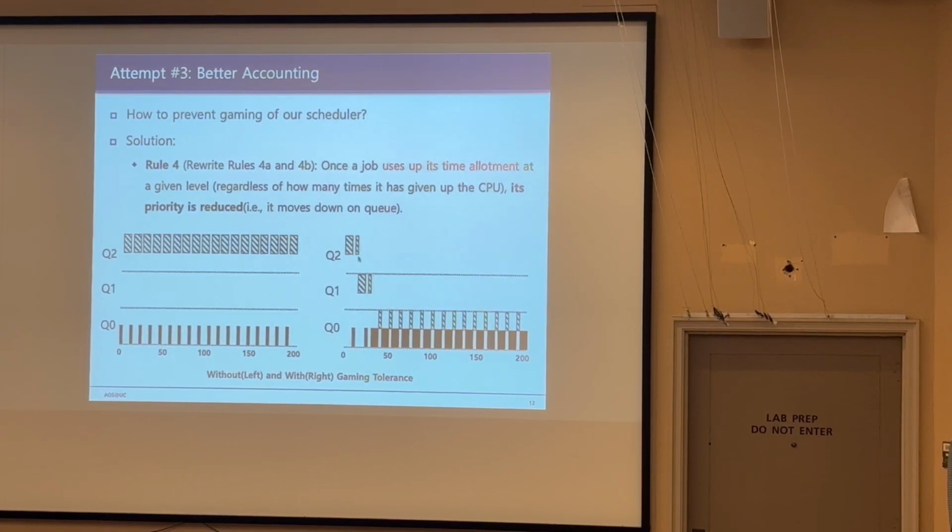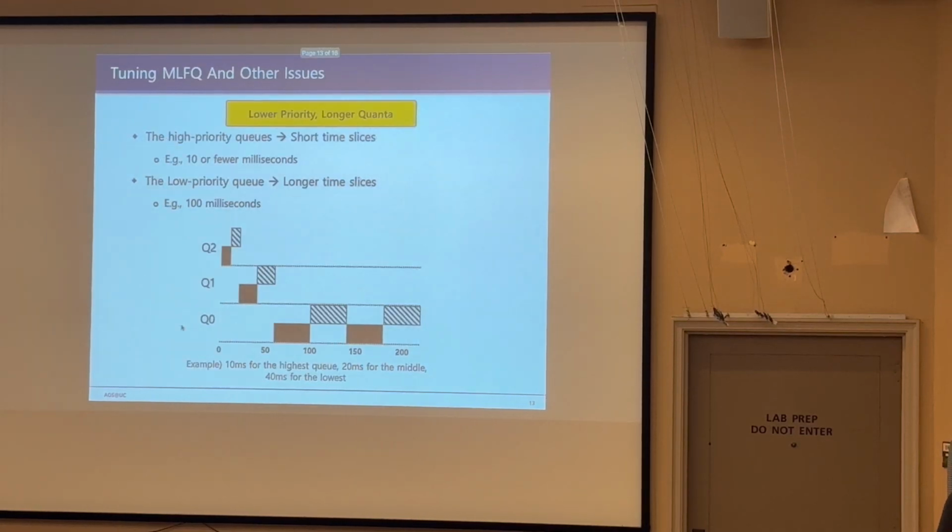So next time when it's scheduled back, after it finishes its 10 milliseconds of execution time, the OS will say that you have used up your time slice accumulatively in Q2, and it will be demoted to Q1. The same thing happens again to demote it to Q0, and in this way it cannot game the system and get more CPU than the other processes.